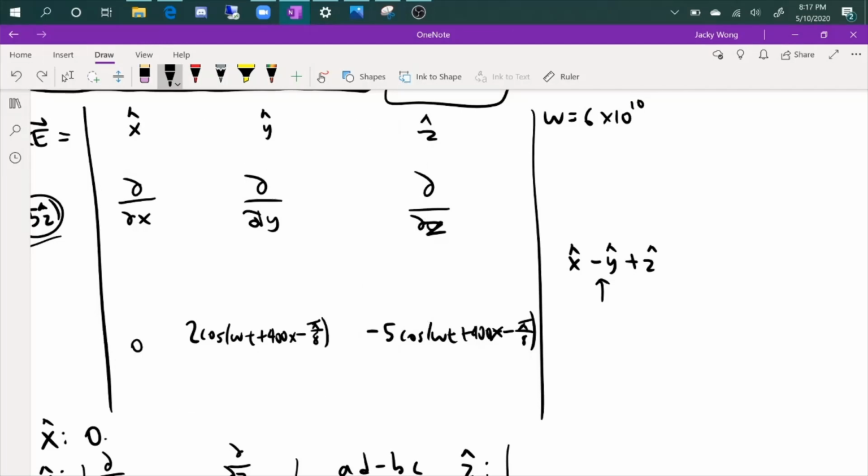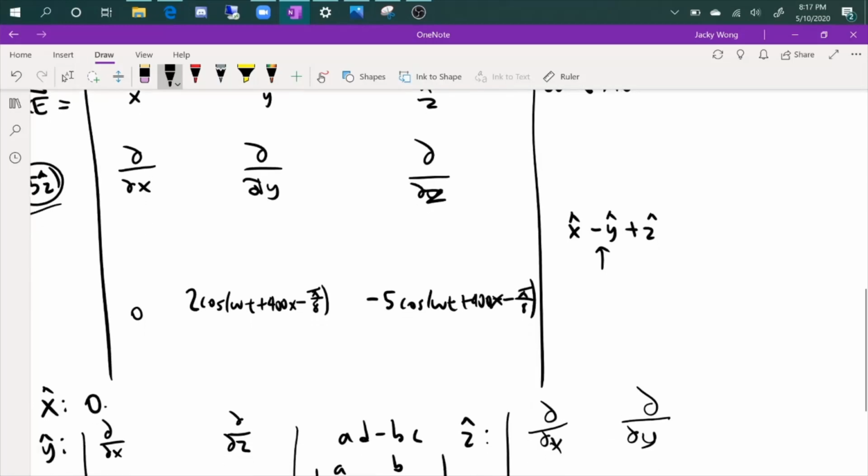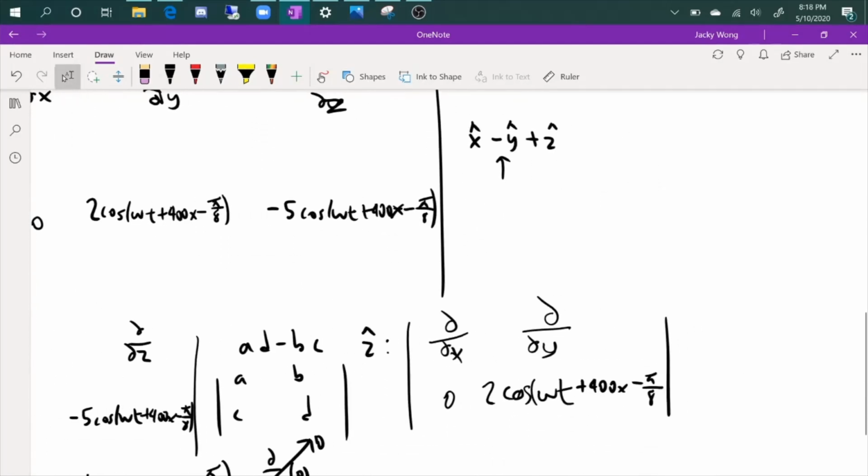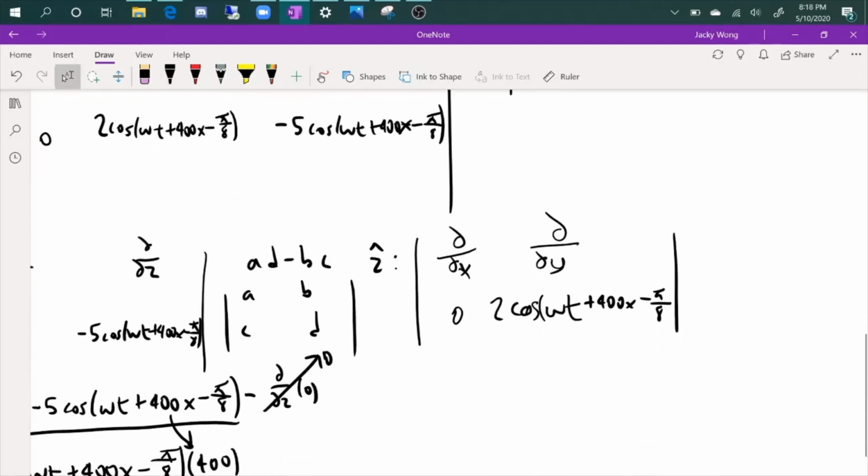That 2 by 2 matrix is as shown below: partial d dx, 0, partial d dy, 2 cosine(omega t plus 400x minus pi over 8). Now we do AD minus BC for this matrix.